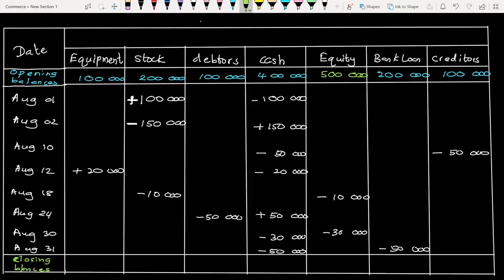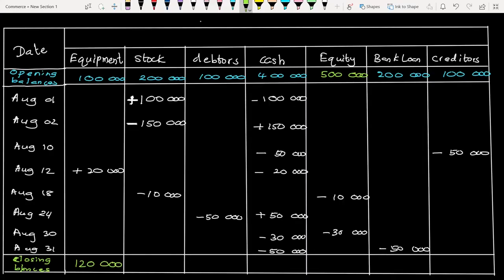As we can see, there is an opening balance of equipment. It's 100,000. And then on August 12th, equipment increased by 20,000. So what is our closing balance? It has to be 100,000 plus 20,000, 120,000.